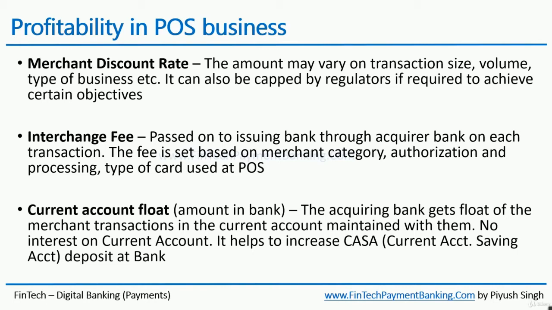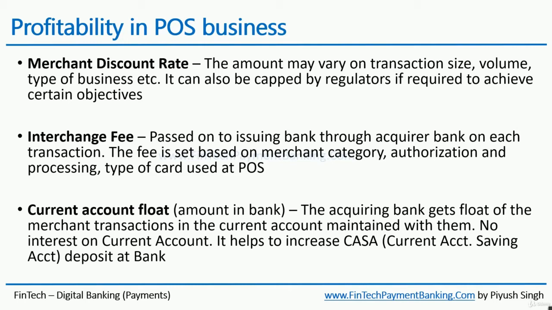Then the acquirer bank earns on the current account float. Whenever a merchant accepts a payment, the entire settlement for that merchant happens into the current account at the acquirer bank. Each and every merchant is supposed to have a current account opened at the acquirer bank.